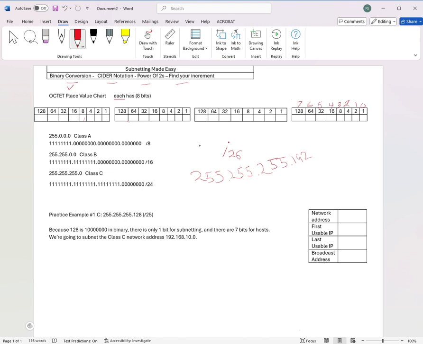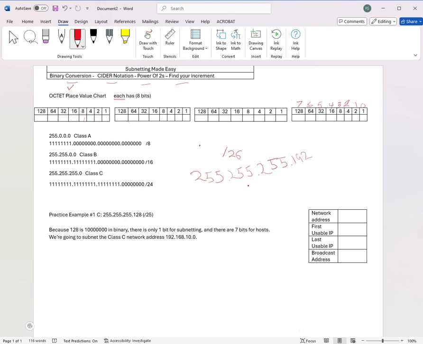Well, think about it. If we have 255 on here, that means all of the bits are on in the first octet, the second octet, the third octet. So this is just a default Class C, which would have 24 bits on by default.